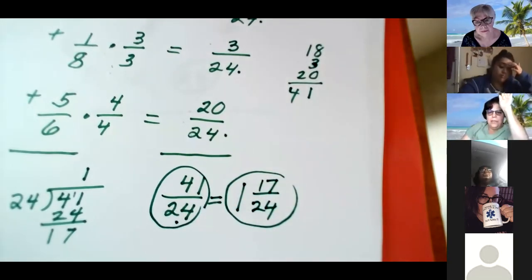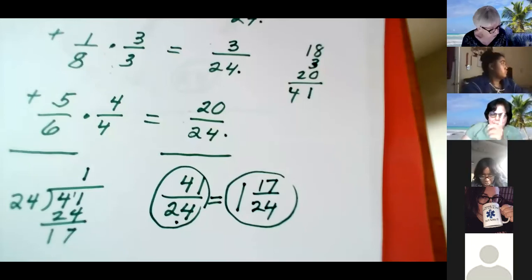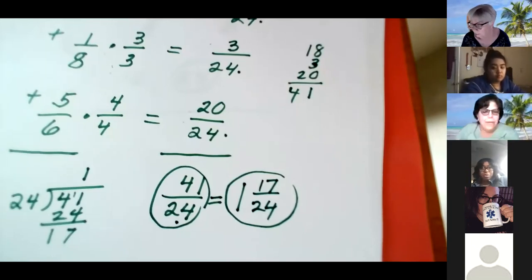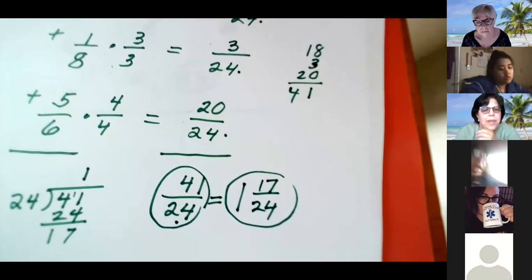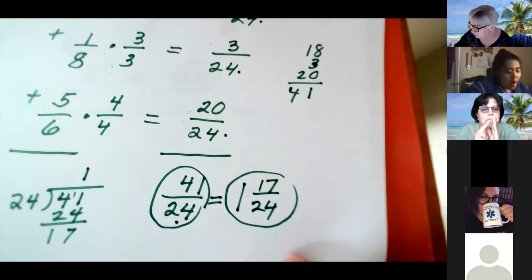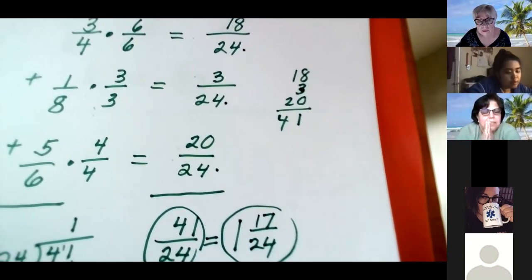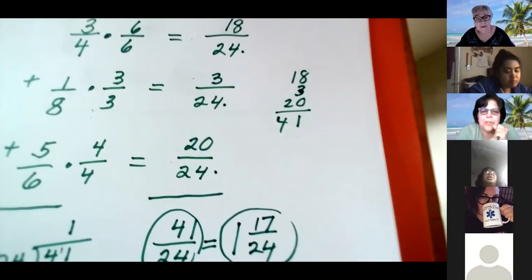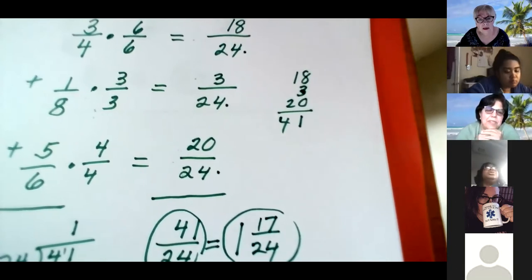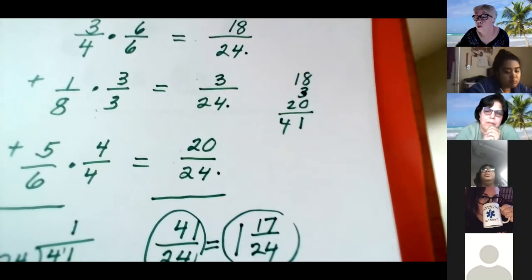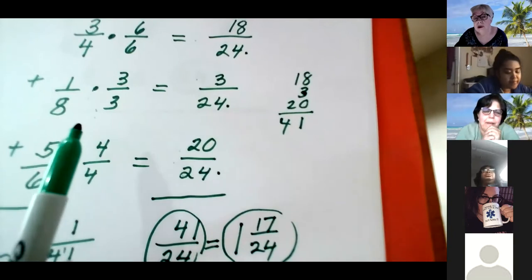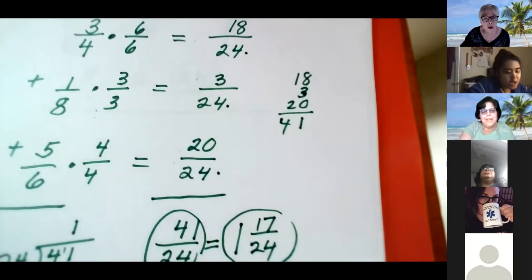Okay, I have a question. I'm getting confused now. Why can't you use the 2? Like 2 goes into all of them. Well, no, we're not taking the numbers lower, we're taking the numbers higher.